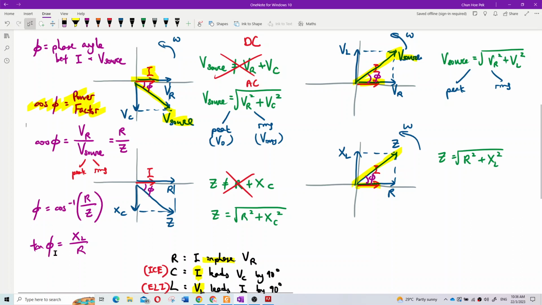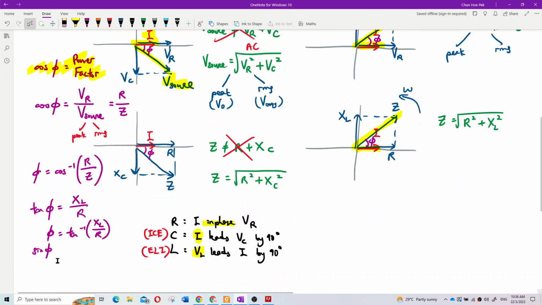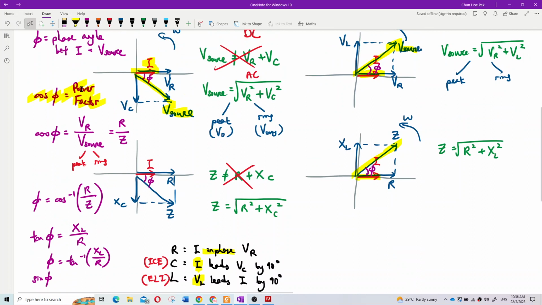If you use tangent phi, you can only find the phi. In the end, it's just finding the phi. But if you use cos phi, you can find the power factor and the phase angle phi also. You understand what I'm talking about, class?